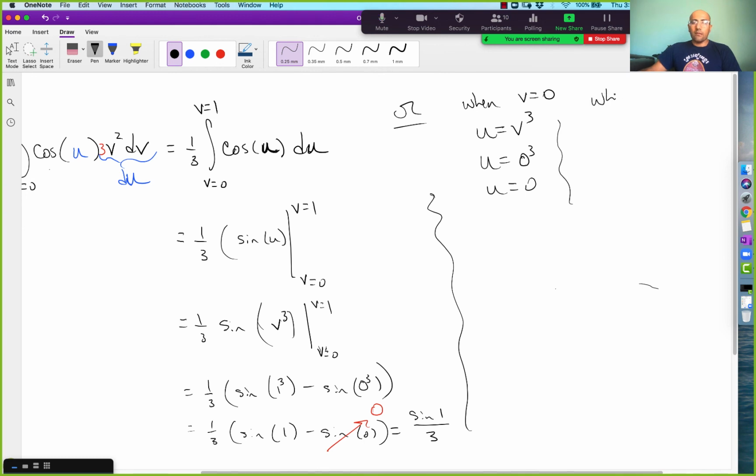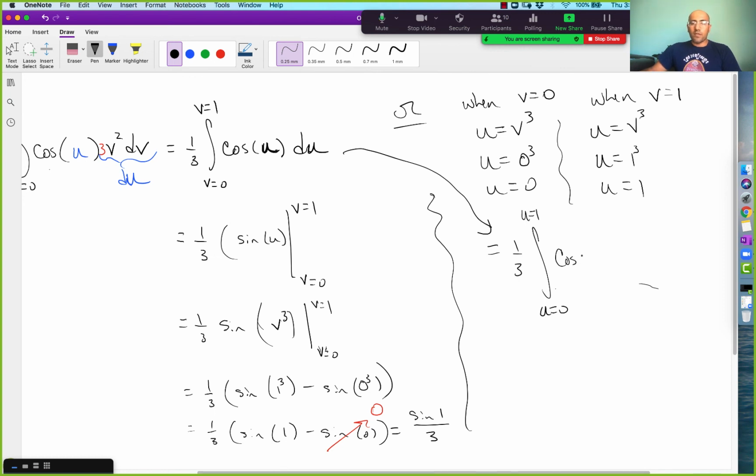And when v equals 1, then u equals v cubed, u equals 1 cubed, so u equals 1. Good. So using this little thing, the other way we could do this is to say now that this equals 1/3 integral as u goes from 0, u goes to 1, of cosine of u du.